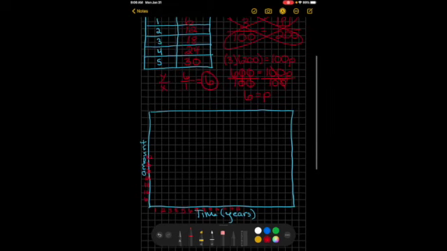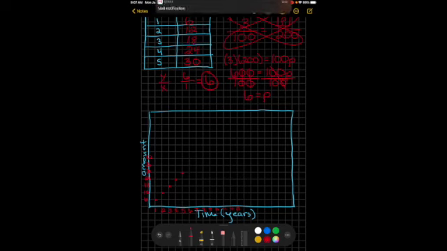So now I'm going to take this data and graph it, because I want to not only see in my data table that it is a proportional relationship, but I want to see it in action on my graph that it is proportional. So I'm going to do 1, 6 as my first data point, then 2, 12, 3, 18, 4, 24, and 5, 30.